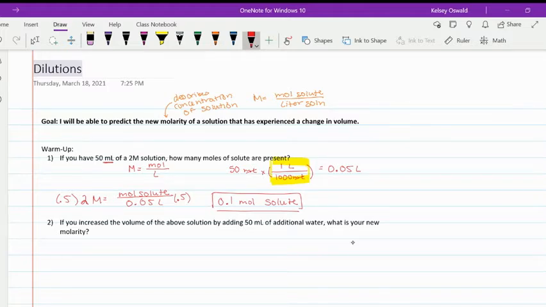So let's picture this. In our original beaker, we had, let's say, 50 milliliters of solution, and we had 0.1 moles of solute dissolved in that water. In this problem, we add 50 more milliliters of water.